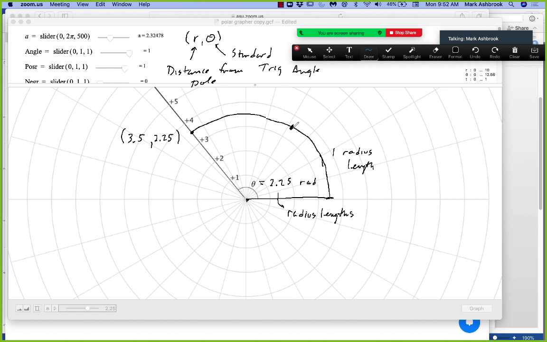And then I do that again, starting from here, I wrap another radius on here. And that would be another radius length.